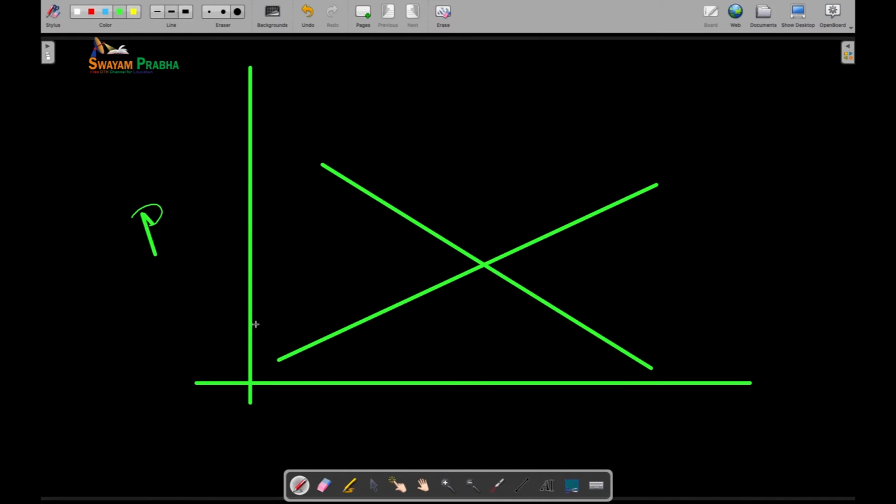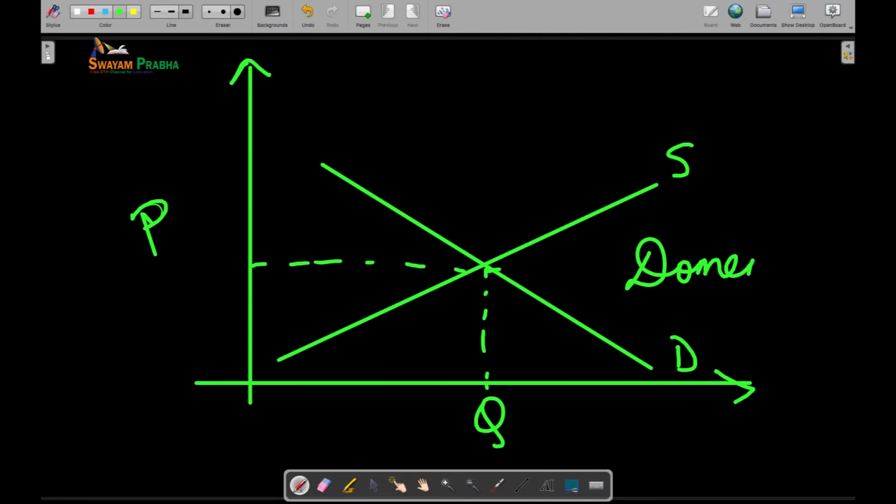Here we have the price, and here we have the quantity. So you have a supply curve, you have a demand curve, and where both of these meet gives you the quantity and the price. But this is the demand and supply curve in the domestic market.